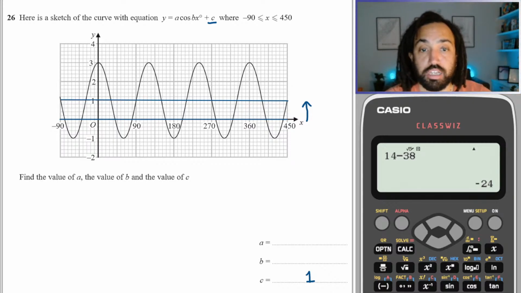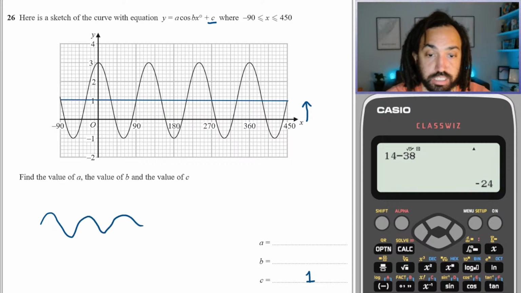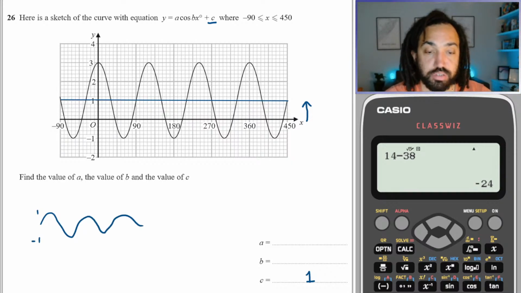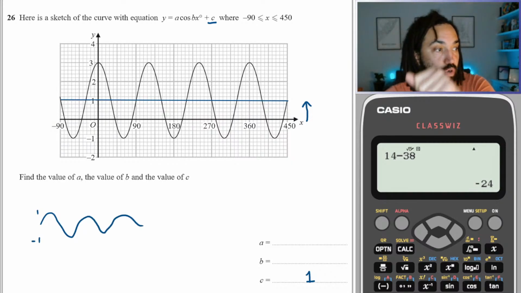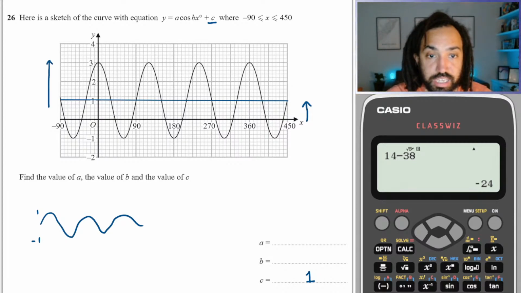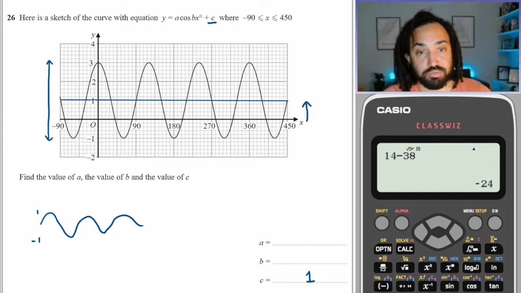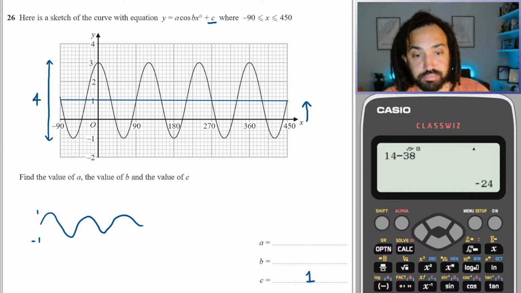Okay, next we know that the cos graph oscillates between 1 and minus 1, like this. So that means it has a range of 2 units. Whereas this graph here goes from minus 1 to 3. So that has a range of 4 units.